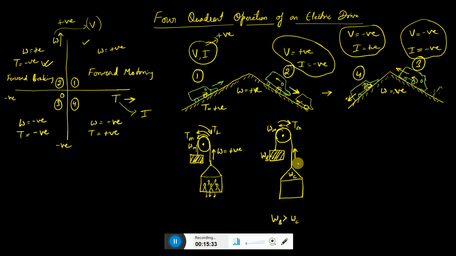That is positive. Motion is upward, the cage is moving upward, so this is positive. The load torque here will also be in the downward direction, because of the weight, the gravity. So the load torque will obviously be in the downward direction, like this.